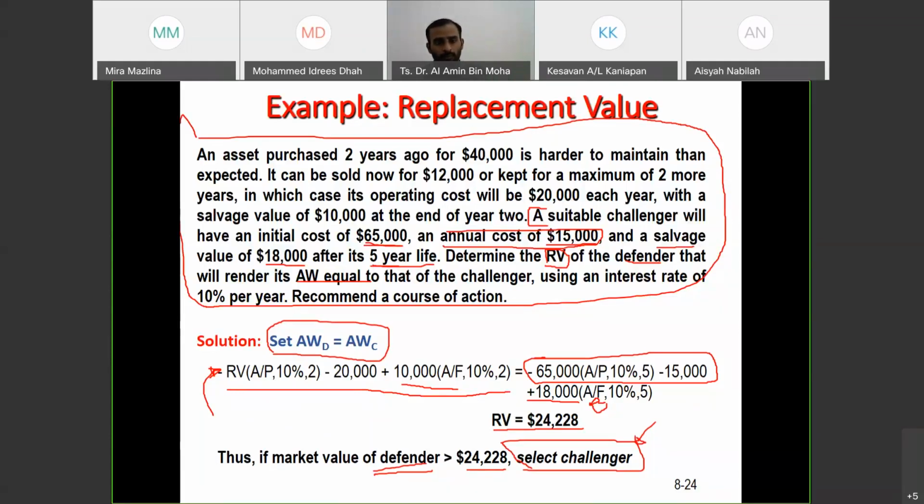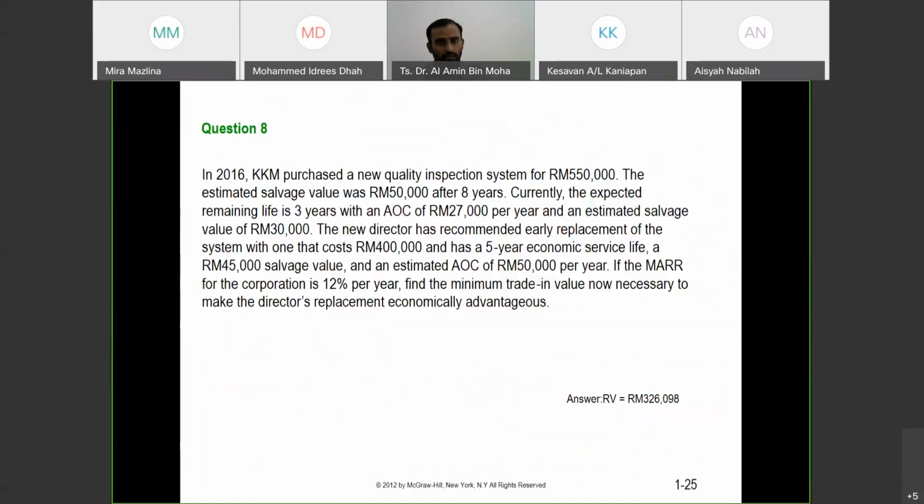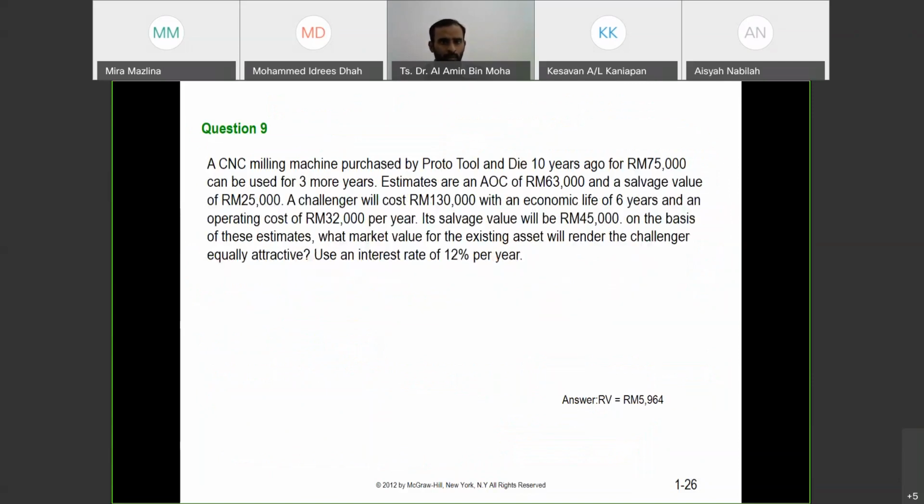So I hope you can go through the example and then try question 8 to calculate the minimum trade-in value. We know this is RV. And question 9 as well: what is the market value for the existing asset? We give the answers, so you can always compare.